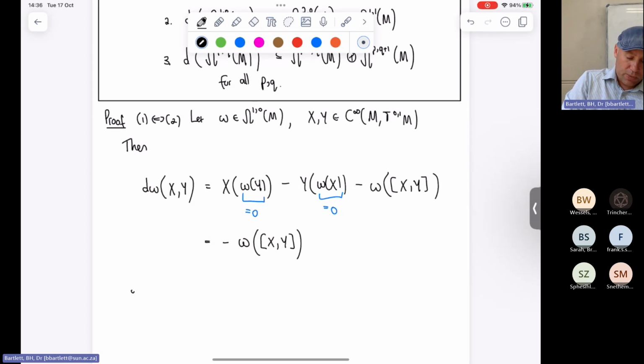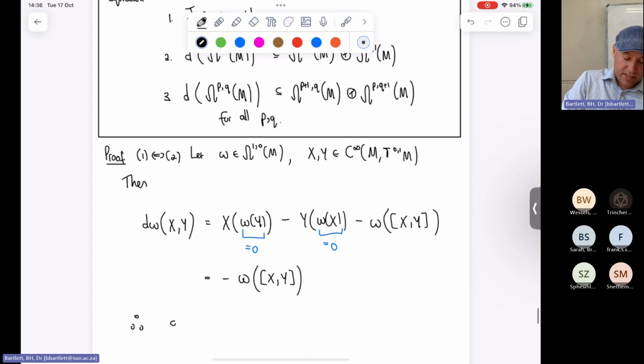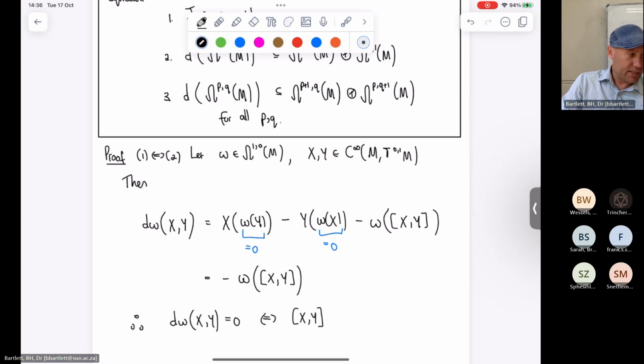Okay, so what do we conclude from this? We conclude that to say that d omega applied to x and y is 0, that's equivalent to saying that when I calculate the commutator of x and y, and I calculate its (1, 0) component, that's got to be inside the kernel of my 1 form omega, right?